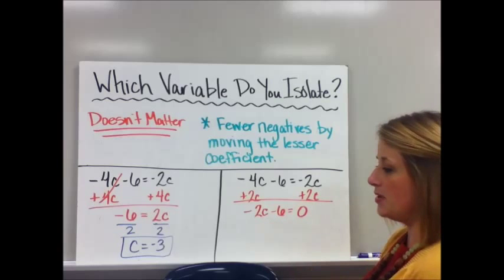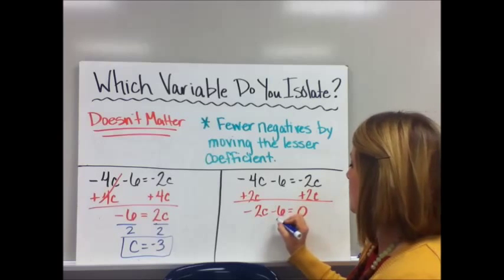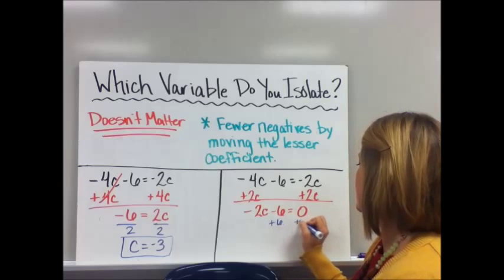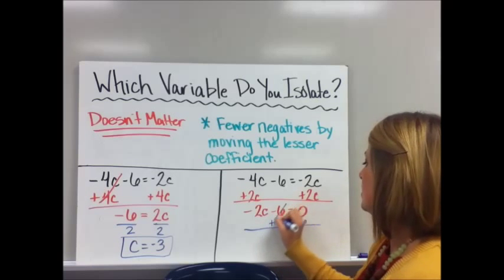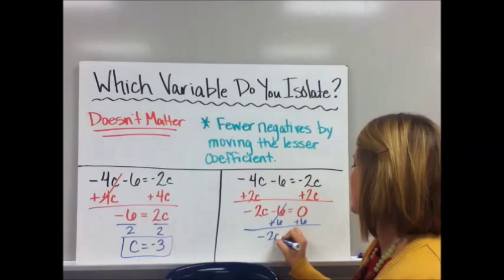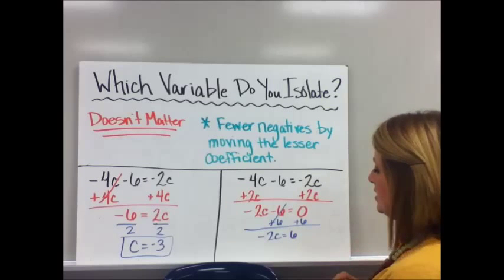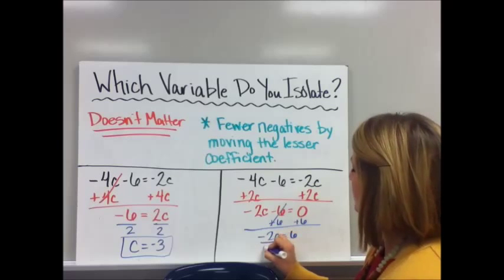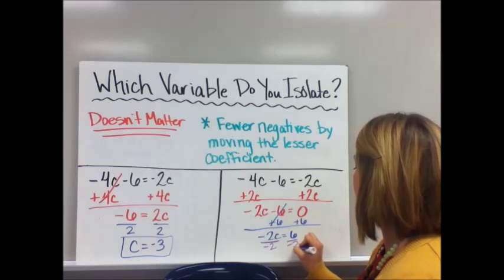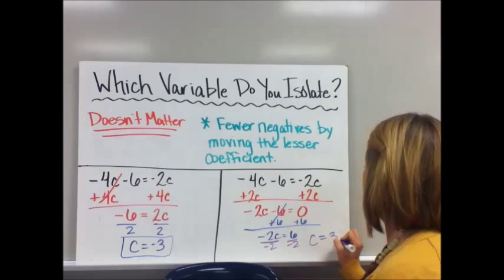So I'm having to undo what's happening to the variable. I'm going to undo that subtracting first by adding 6 to both sides. That cancels. Negative 2c equals 6. And then I can undo multiplying by negative 2 by dividing by negative 2 on both sides. And c equals negative 3.